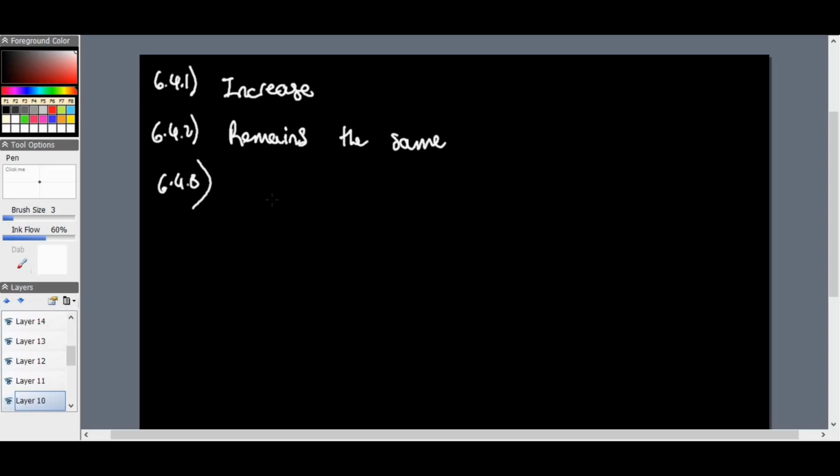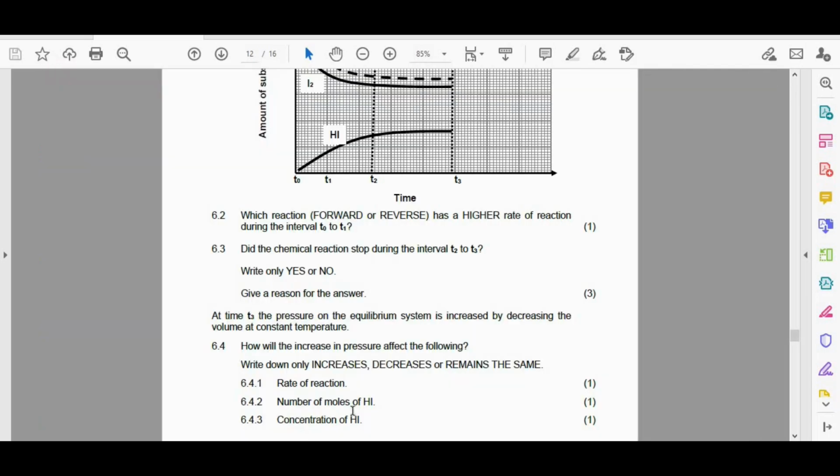Increase, decrease, or remain the same. Increase is correct. Thank you, Zuleika, for answering all three of these questions. Well, not all of them increase. The concentration of hydrogen iodide will increase.